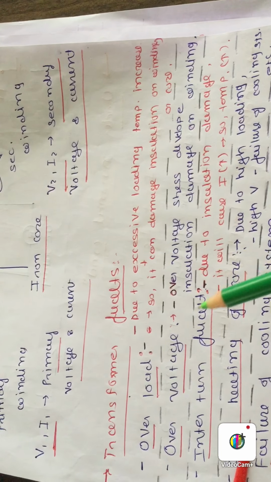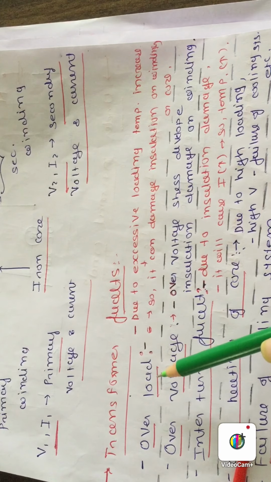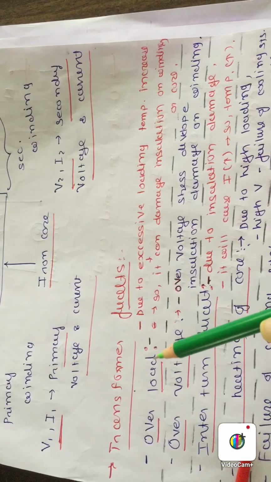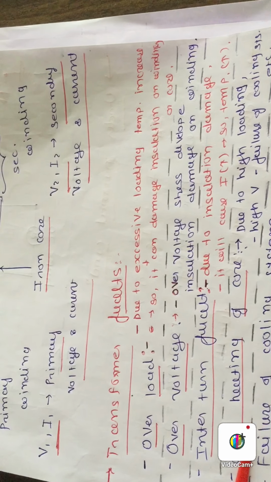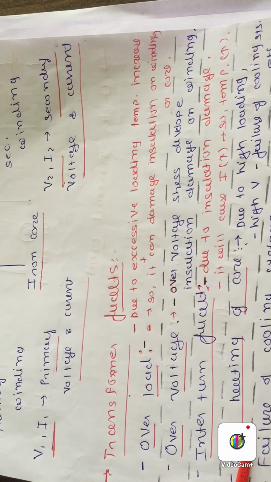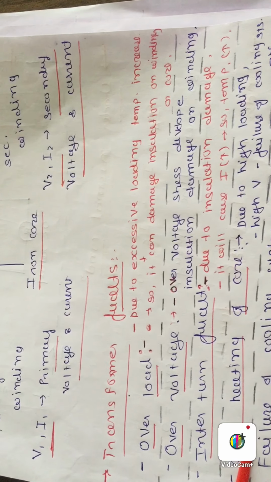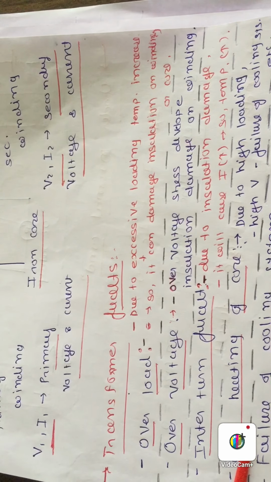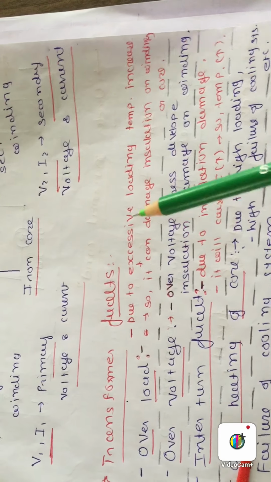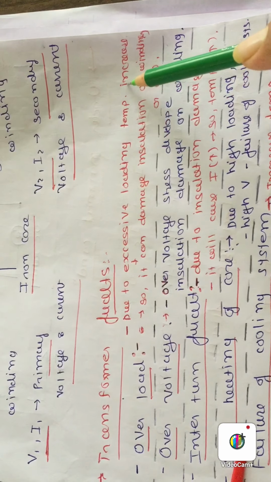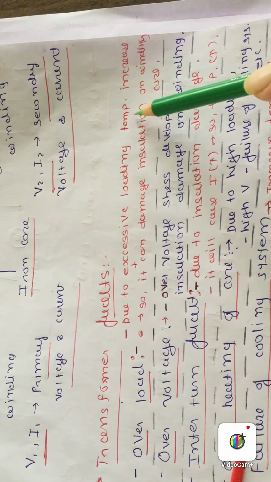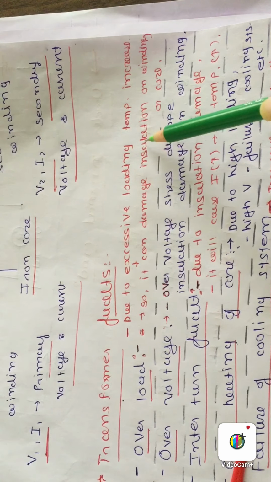In overloading, the transformer winding carries a current higher than its rated current. That's why due to the higher amount of current, the temperature will increase excessively, and due to that high temperature, the insulation of winding will be damaged.